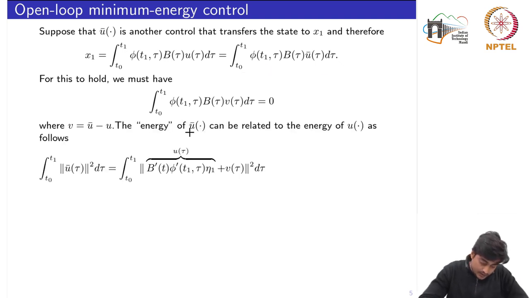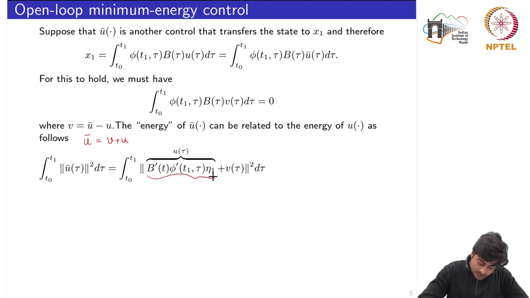Now let's compute the energy of the signal u bar. The energy of the signal u bar can be computed by the formula which we had specified earlier. Writing the u bar here, from this equation u bar would be v plus u, and u is the signal which was specified in the theorem.